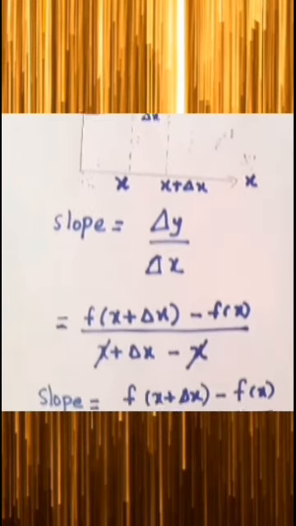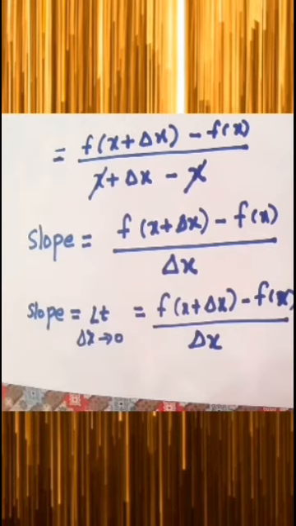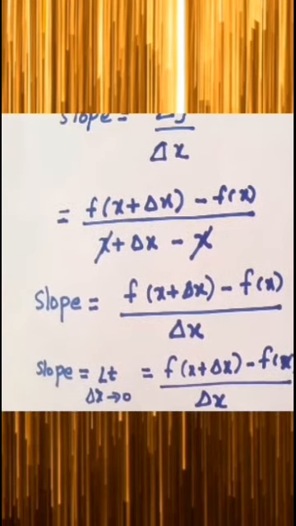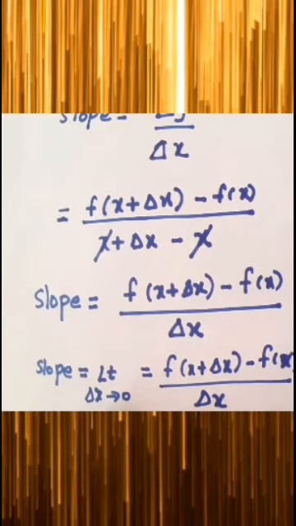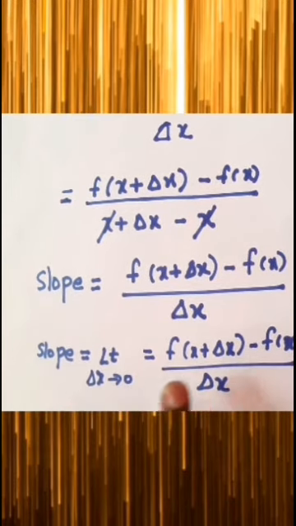This is the concept, and we got the formula for slope. Finally, the limit delta x tends to 0, and the formula is f of x plus delta x minus f of x, the whole term divided by delta x.